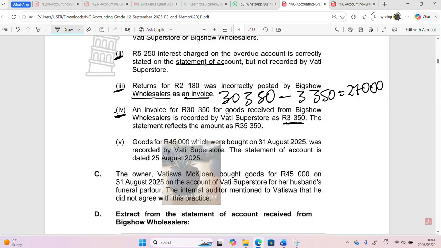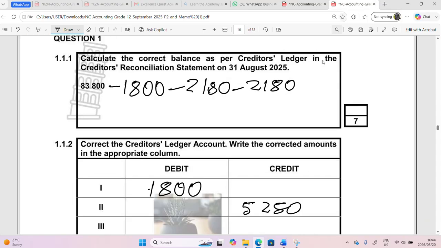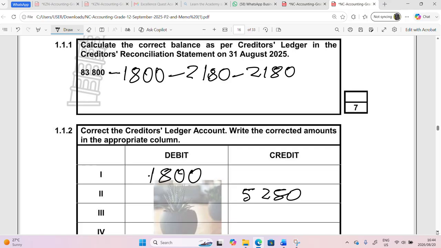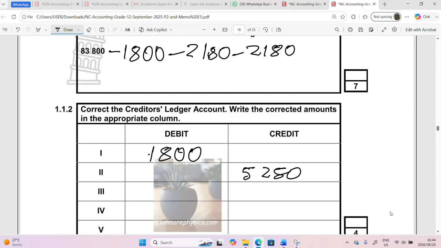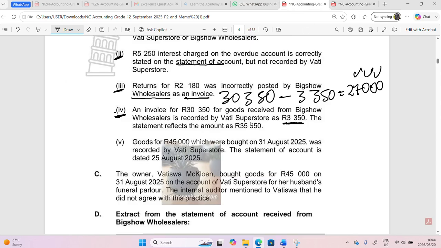So we bought goods for 30,350, but recorded as if we bought lesser goods, which means we owe our supplier 27,000 as well, right? We need to go and increase the amount owed to the supplier by how much? By 27,000. Are we clear?